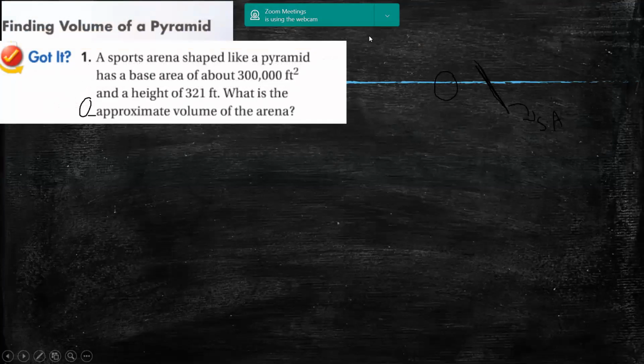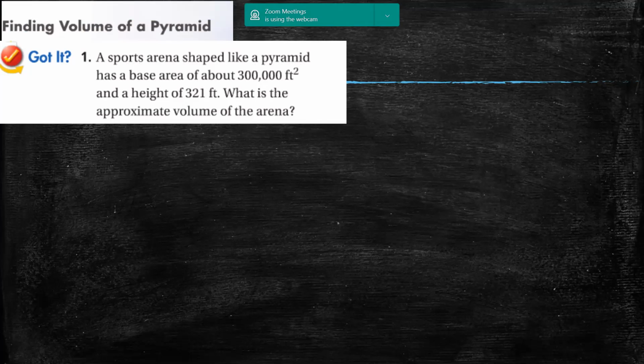Let's have an example here. A sports arena shaped like a pyramid has a base area of about 300,000 square feet and a height of 321 feet. What is the approximate volume of the arena?